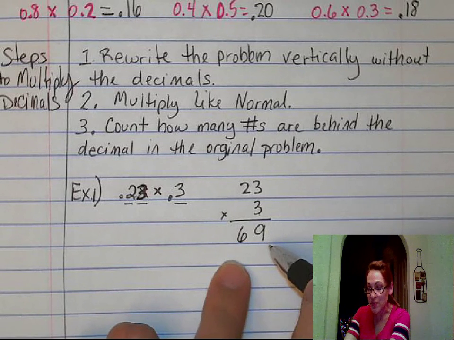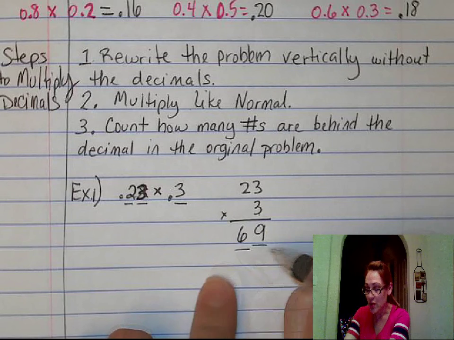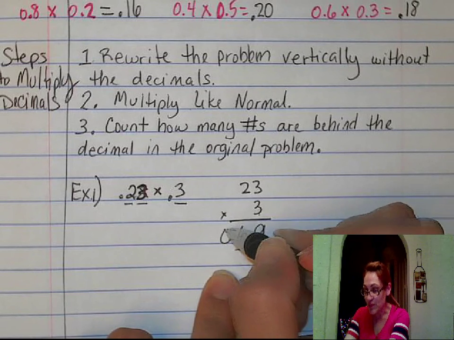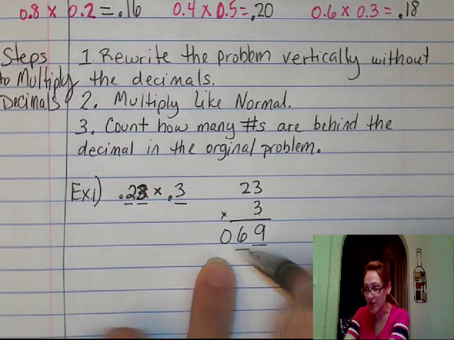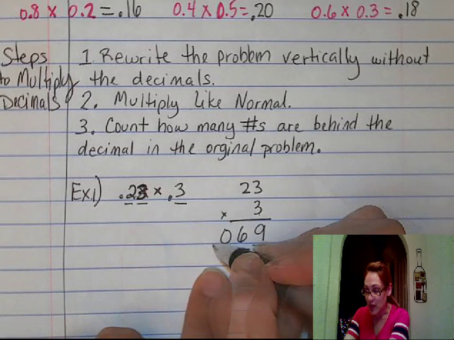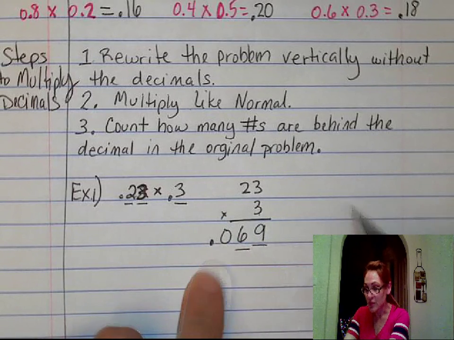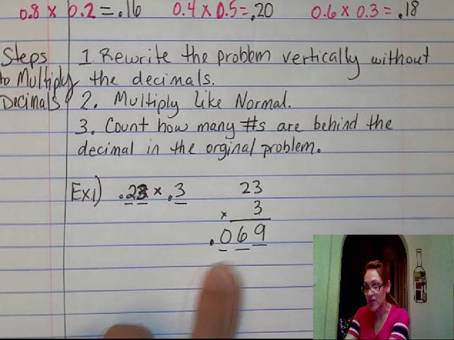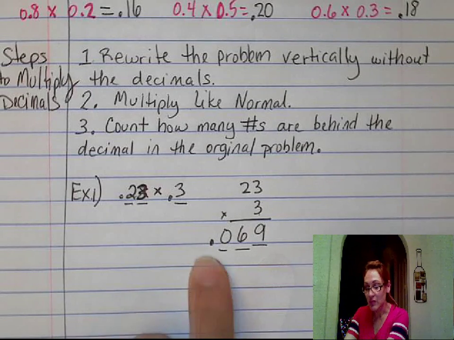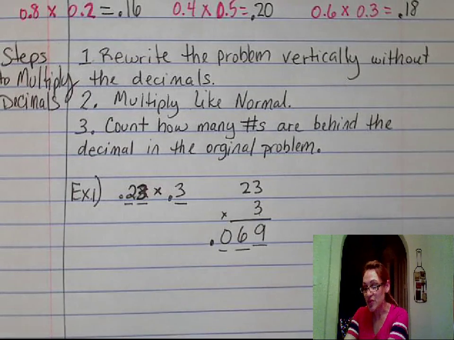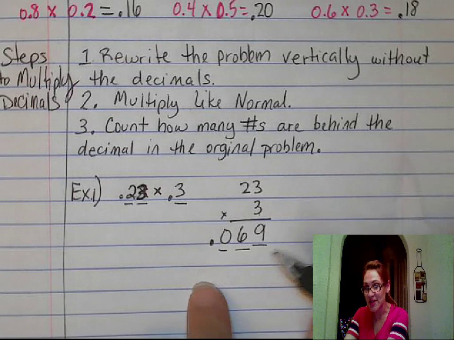This is only 2, so you're going to have to add a 0 for that third number. Now we have 3 numbers behind the decimal, so your answer here is actually 69 thousandths.